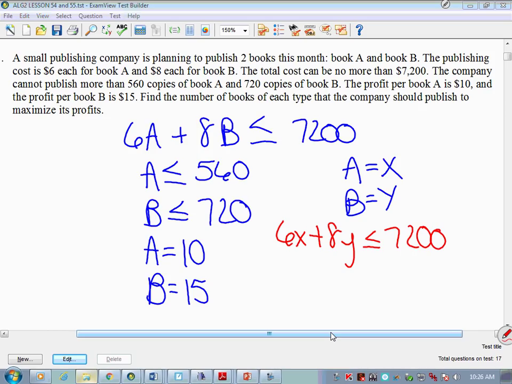Sure I could. How would I go about doing that? Subtract 6x from both sides. Okay? So I've got 8y is less than or equal to negative 6x plus 7,200. Divide by 8.